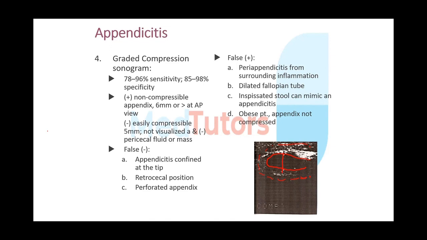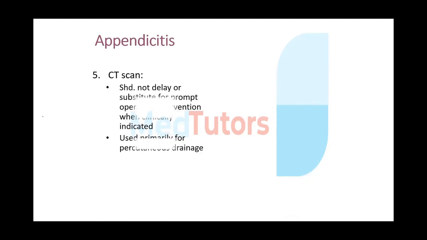Now, in obese patients, because of the thick anterior abdominal wall, you might not be able to compress the appendix, and you are reporting it as a non-compressible structure. To avoid all this diagnostic dilemma, the gold standard for the diagnosis is actually abdominal CT scan.